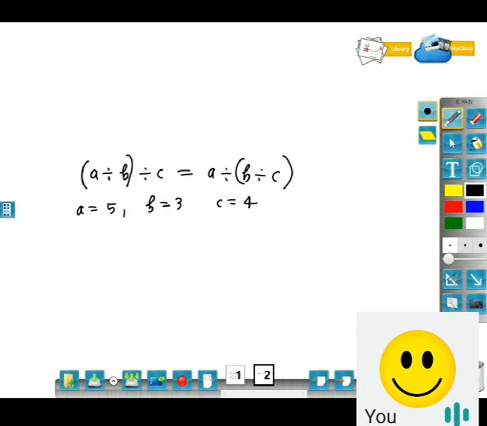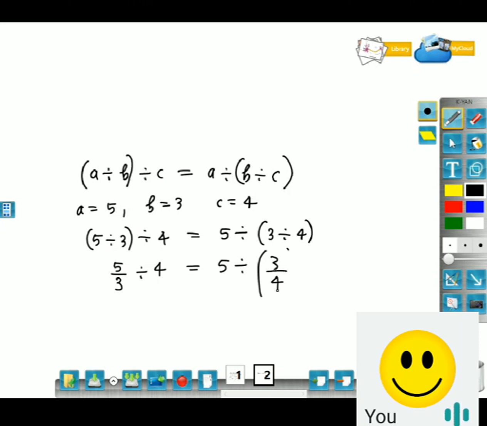So A we have taken 5 divided by 3 divided by 4 is equal to 5 divided by (3 divided by 4). Okay. So now 5 divided by 3 is nothing but 5 by 3, divided by 4. On the right side, 3 divided by 4 is nothing but 3 by 4.